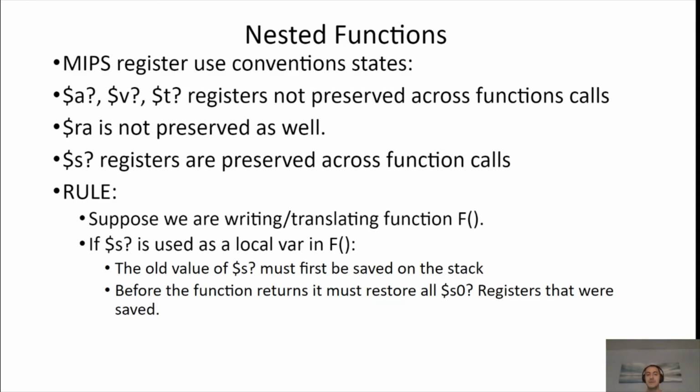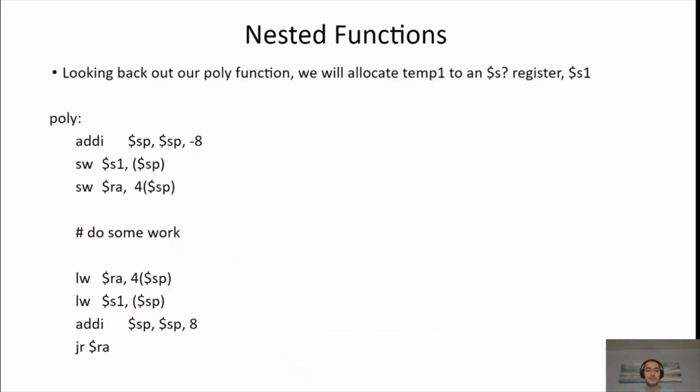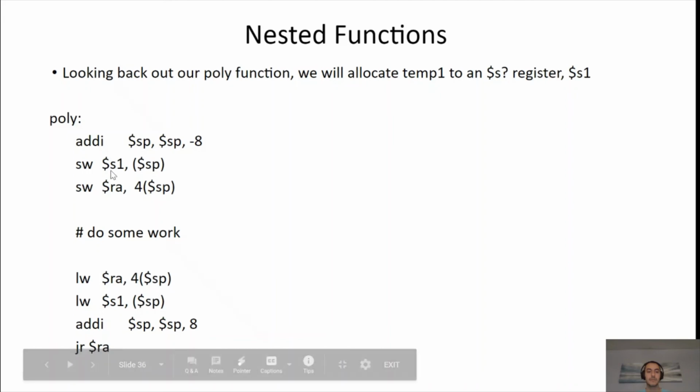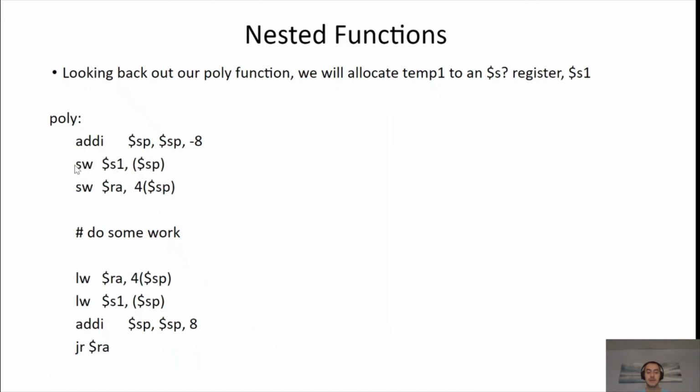In that way, the state before and after the function is going to be the same. So we are using the stack as a kind of temporary placeholder for these values. Here we are putting two values on our stack.